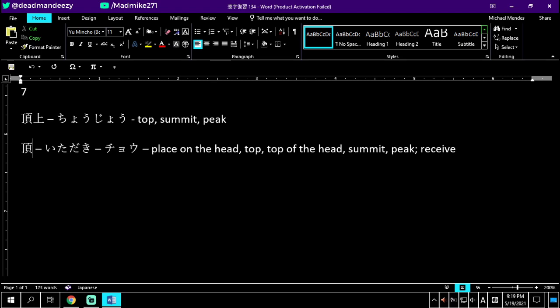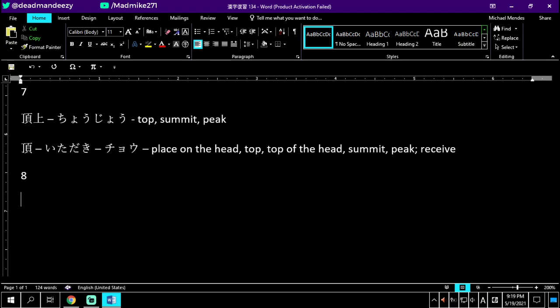Cho or itadaki. Chojo no cho for peak or the summit. Is the summit or peak or top.